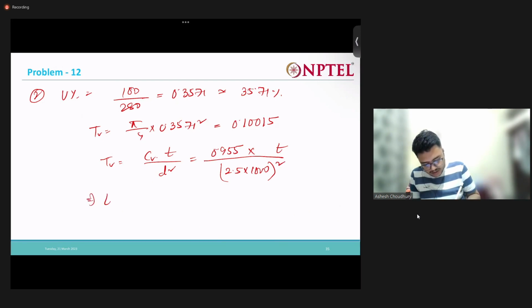So t will be 0.10015 into (2.5 into 1000) square divided by 0.955, which is 6554313 minutes.